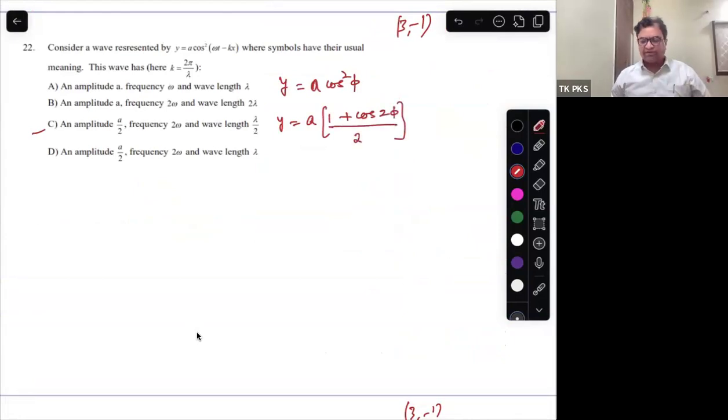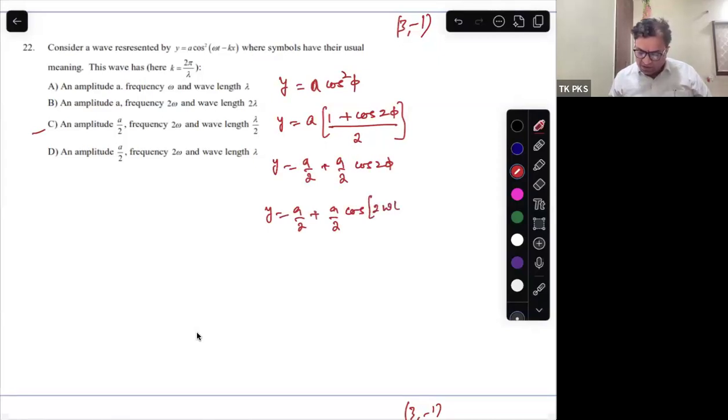You can write it like this, which is y is equal to a by 2 plus a by 2 cos 2 phi. So in this case, you can write this as a by 2 plus a by 2 times cos (2 omega t minus 2kx).